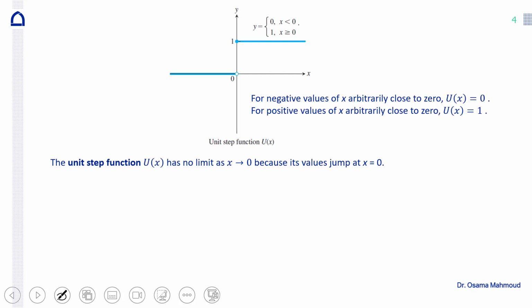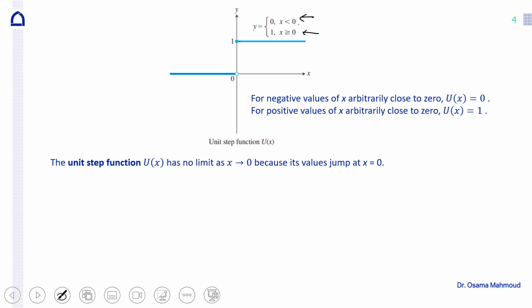For all values of x less than 0, the function is equal to 0. But for all x equal to 0 and above, the function is constant, equal to 1. This is a unit step function.